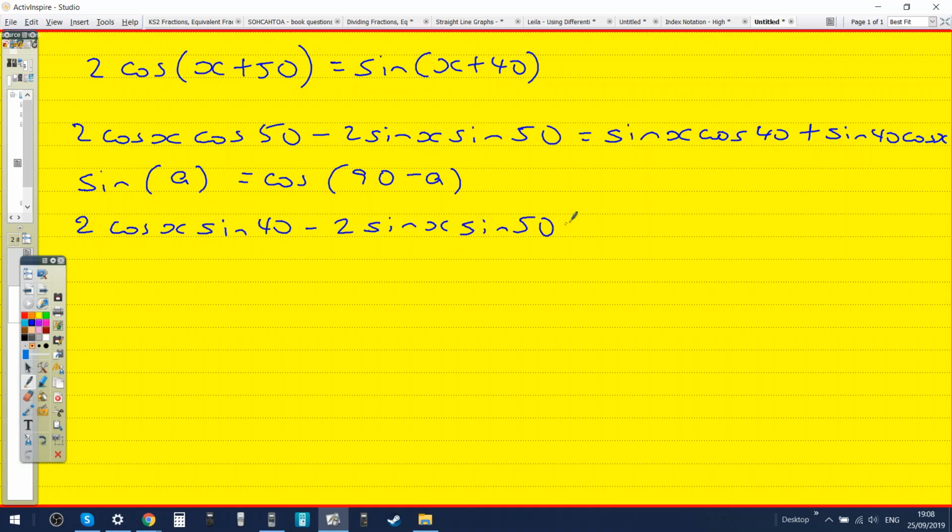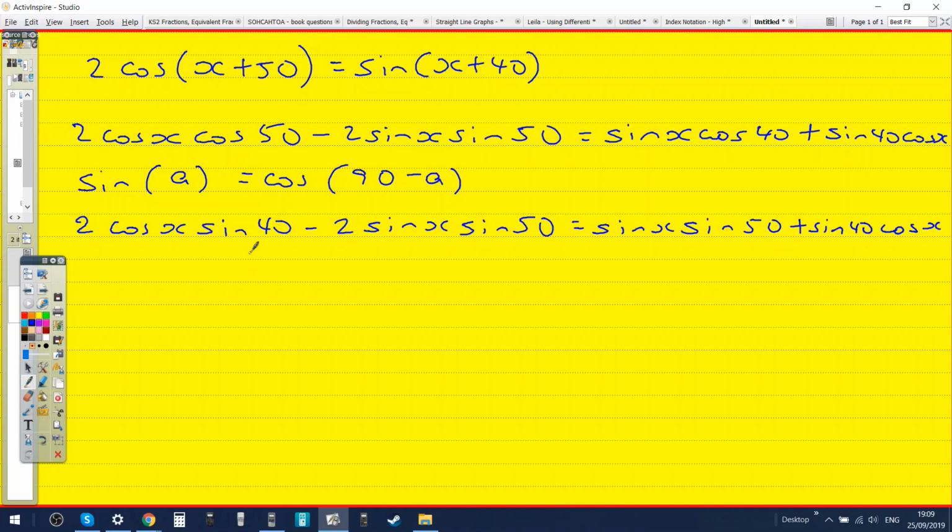So you changed all the cos to sin, was it? I changed on the right hand side, I changed this cos to sin, and the sin to cos. But we still have a cos x. Is that right? The first one is still cos 50, not sin 40. Okay. Yeah.